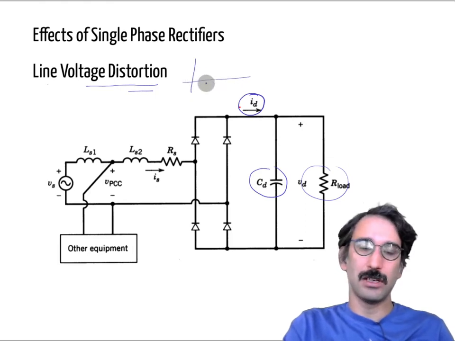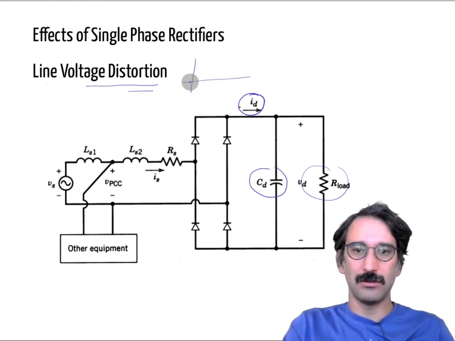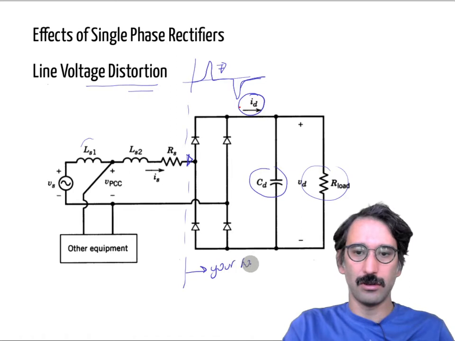It can be a square current as in an inductive load, or it can be some kind of peaky current like that, right? Whenever you are drawing that kind of current and it doesn't have only the fundamental component but high frequency components, then, for example, this is your home, and this is your neighbor's home.